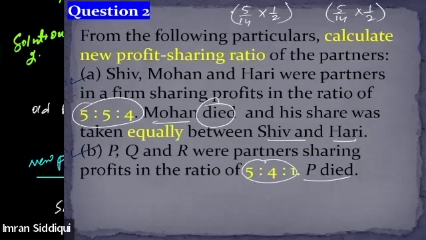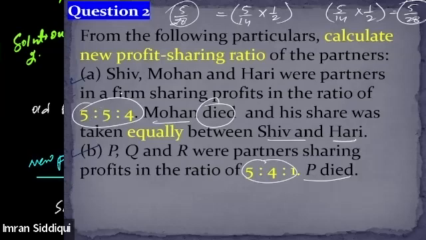Yes, sir. So when you calculate it, you will get 5/28 for this part, and for this you will get 5/28 as well. So this much of share will be added to the existing share of Shiv and Hari. What is their existing share of profit? Their existing share of profit is 5/14 and 4/14.